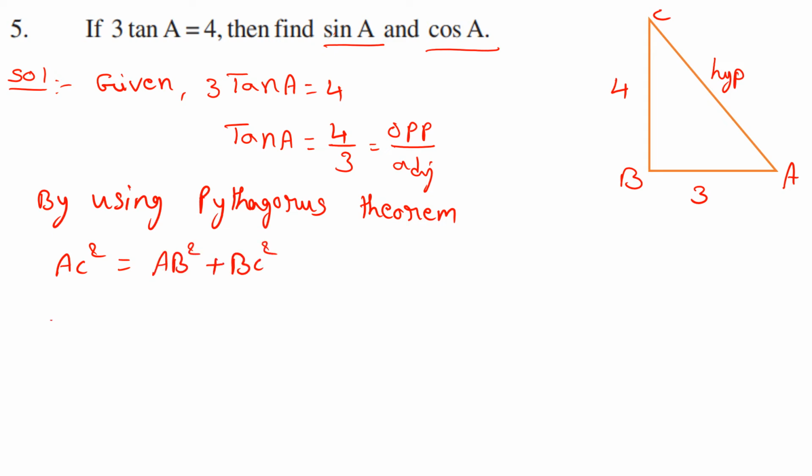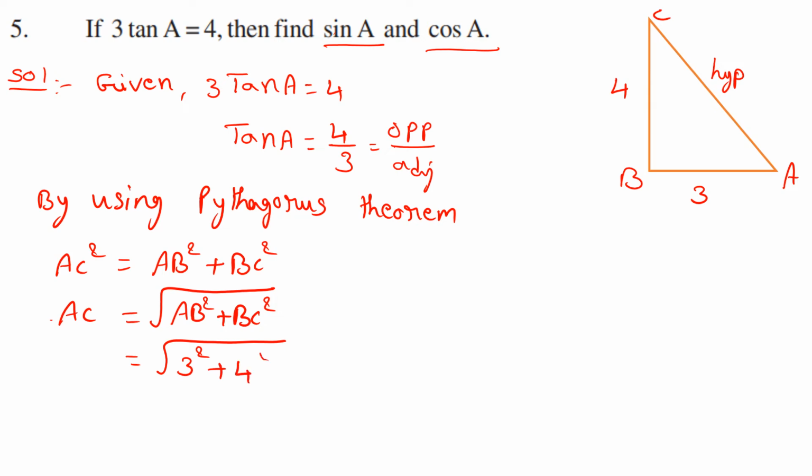So AC equals root of AB square plus BC square, which equals root of 3 square plus 4 square, which is root of 9 plus 16, root of 25, that equals 5 units. AC equals 5 units.